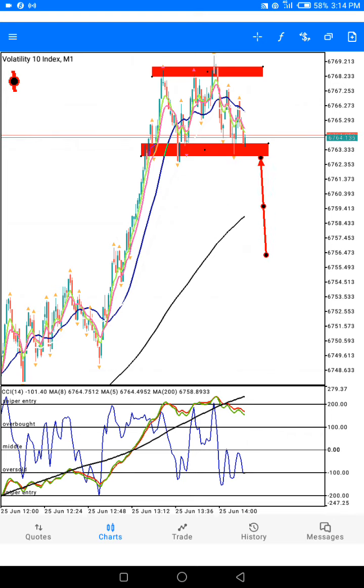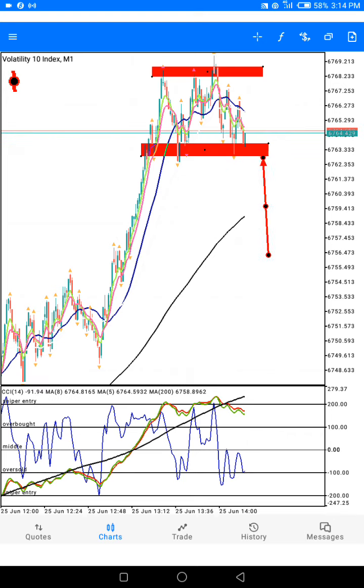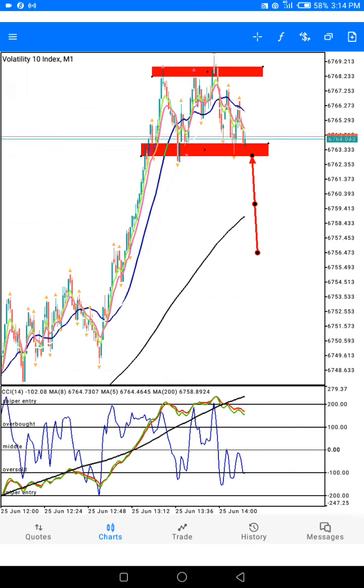You just have to sit back, watch and learn. If you are an expert on this, you have to sit back and just watch how the market flows. This is a consolidation period where trading is not supposed to be.